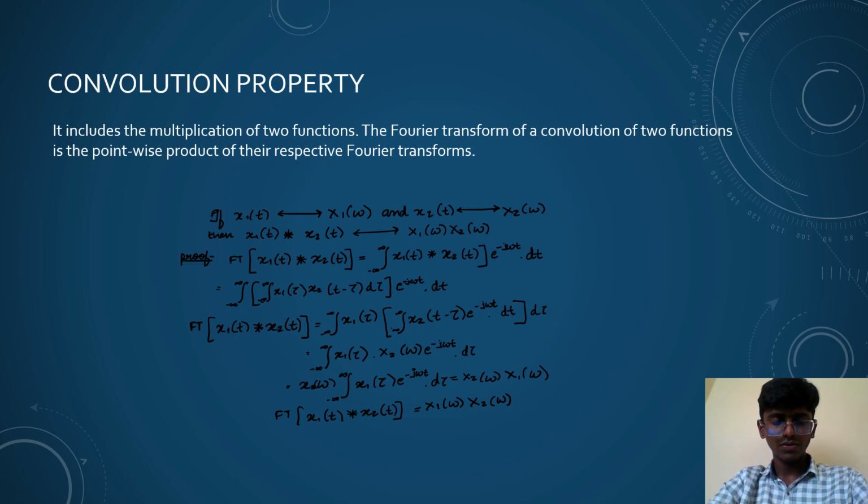In a simple manner, if x1 of t Fourier transform is x1 of omega, and x2 of t Fourier transform is x2 of omega, then x1 of t convolution with x2 of t implies x1 of omega into x2 of omega. The proof can be shown in the PPT. It can be used to verify the convolution property.